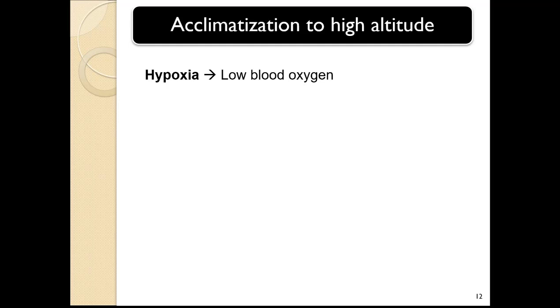And this happens due to the pressure changes when you go to very high altitude, which I discussed in the prior lecture. So in order to offset hypoxia, there are some physiological changes that take place. And it's interesting, sometimes these physiological changes can actually mess with the carbon dioxide level. So you get this kind of imbalance of oxygen and carbon dioxide. So let's just take a look at this real quick.